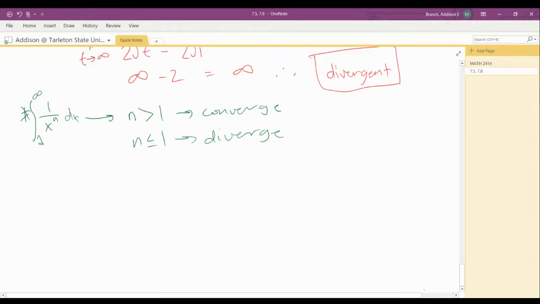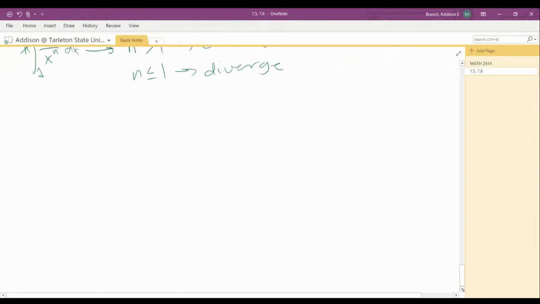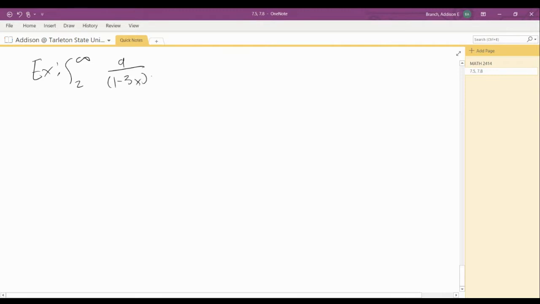So now let's go ahead and do another example. In this example, we are going from 2 to infinity of 9 over 1 minus 3x to the 4th dx.